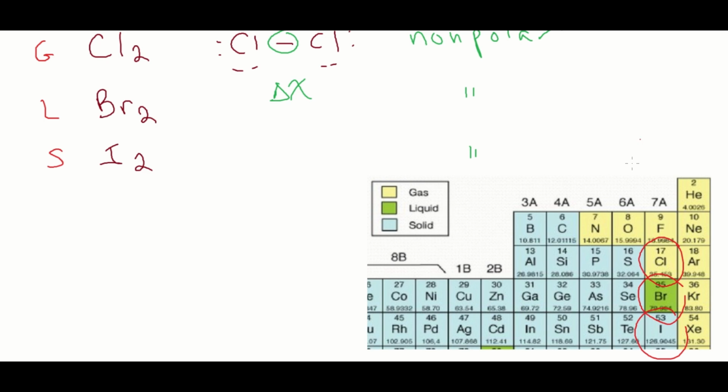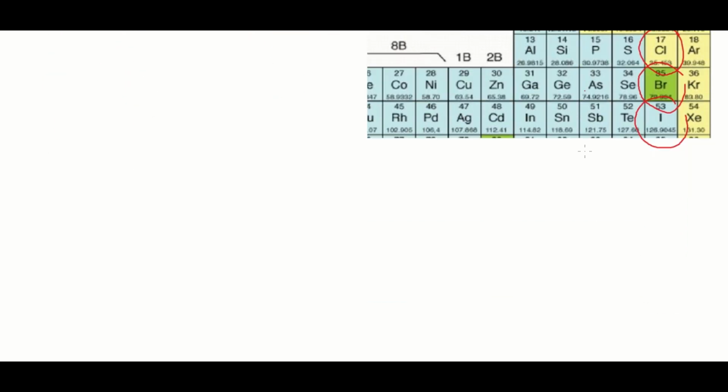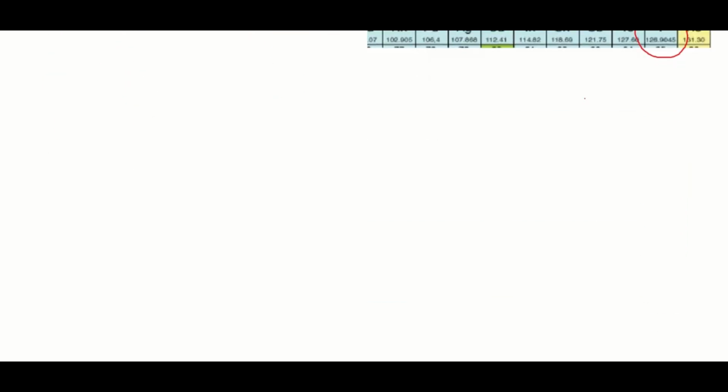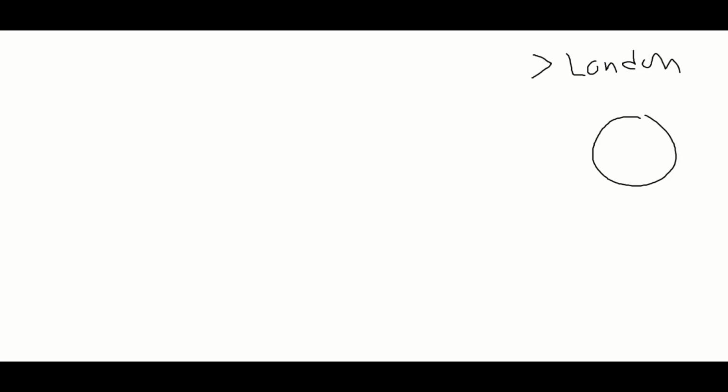And so what all molecules and atoms have are what's called London dispersion forces. And pound for pound, these are the weakest intermolecular forces. They're just momentary or temporary uneven distributions of electrons.